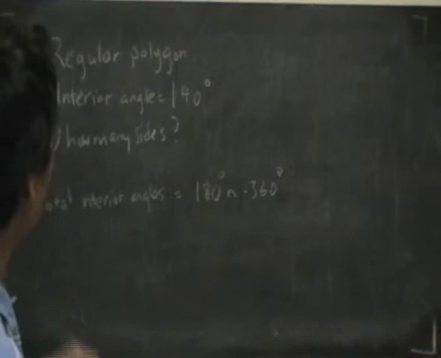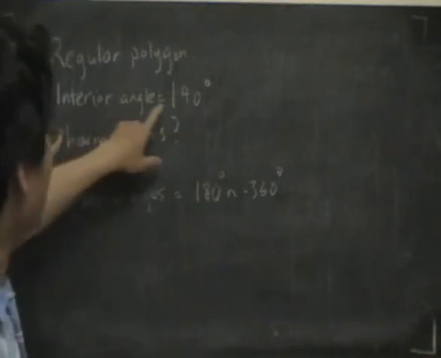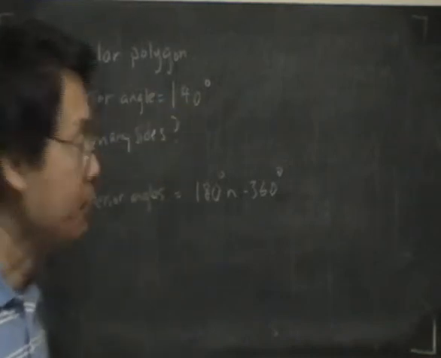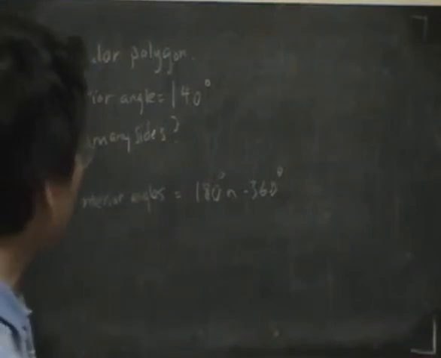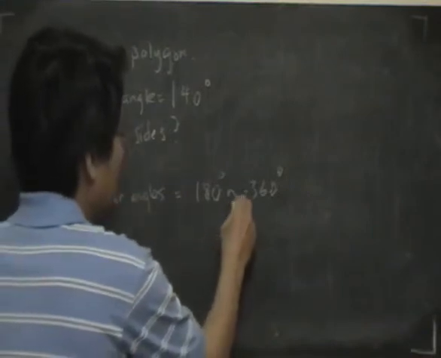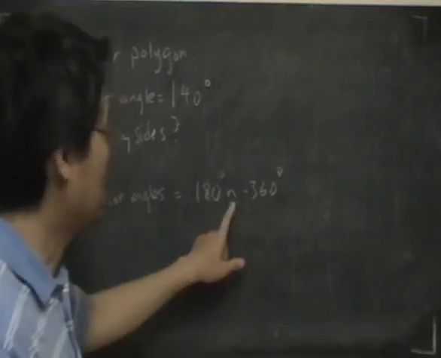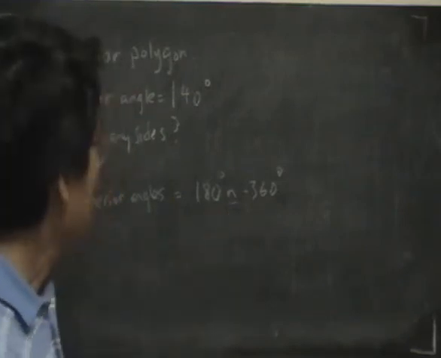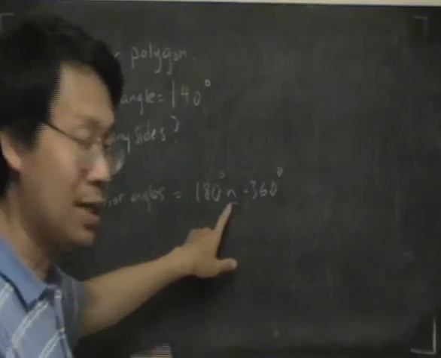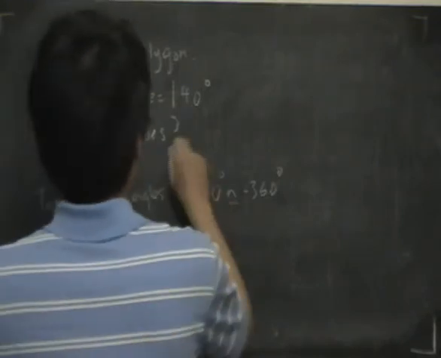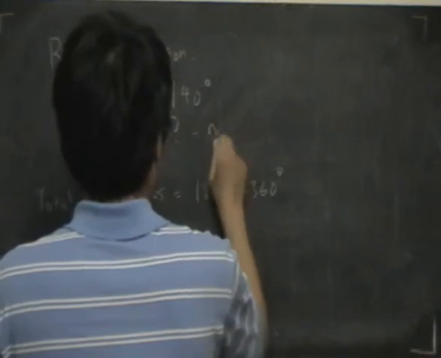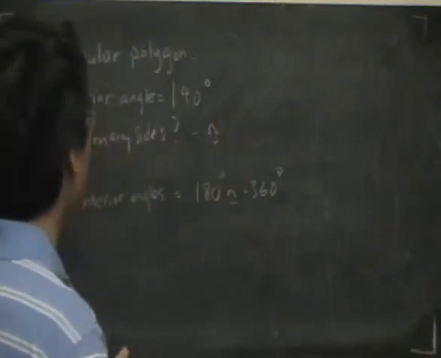Now what we are given is that the interior angle is 140 degrees and you have to find the number of sides. In this formula, the number of sides is given by the symbol n. So in this question, n is the unknown, it is the number of sides.